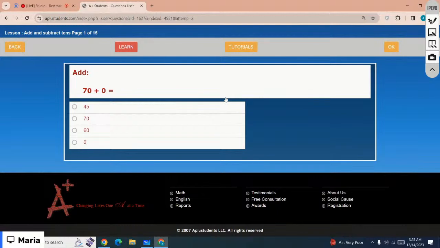Whatever the number is, if you are adding 0, the answer is always the same number. 70 plus 0 is 70.